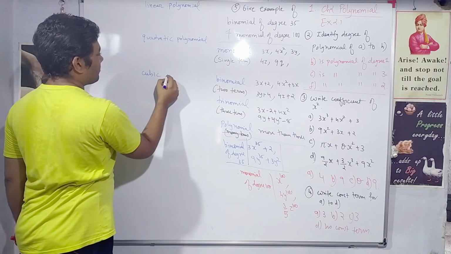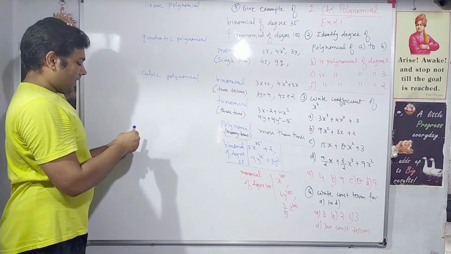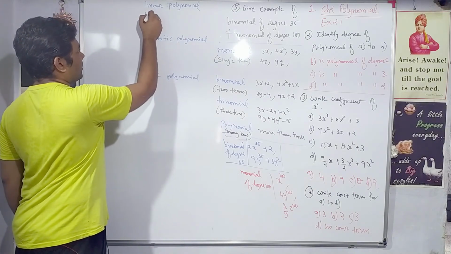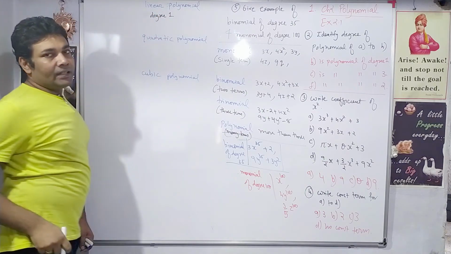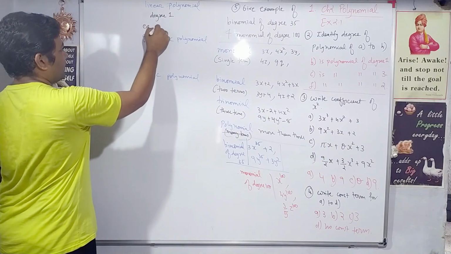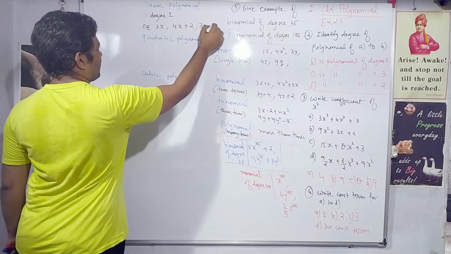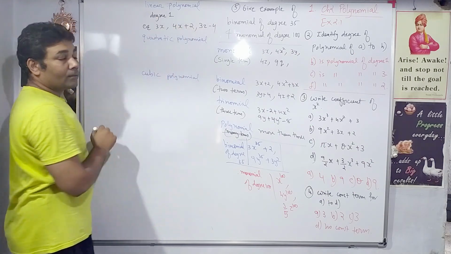And then what do we mean by a cubic polynomial? So simple, right? If the highest power is 1, degree is 1. If degree is 1, we call it a linear polynomial. Examples will be 3x, 4x plus 2, 3z minus 4. Highest degree is 1. So this is a linear polynomial.